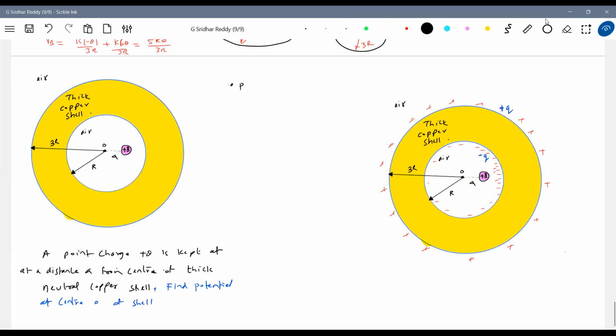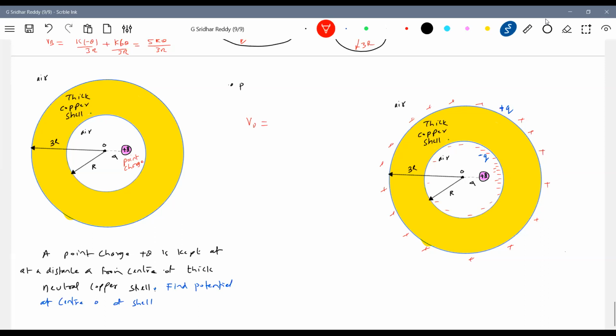We should take superposition. First, the potential due to the point charge. When it comes to potential, we take the sum of the potentials due to the individual charges in the system.